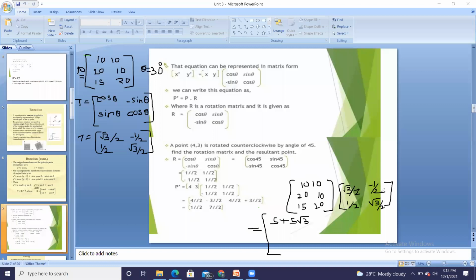Similarly, for this row and the second column, this is minus 5 plus 5 root 3, right, minus 5 plus 5 root 3.